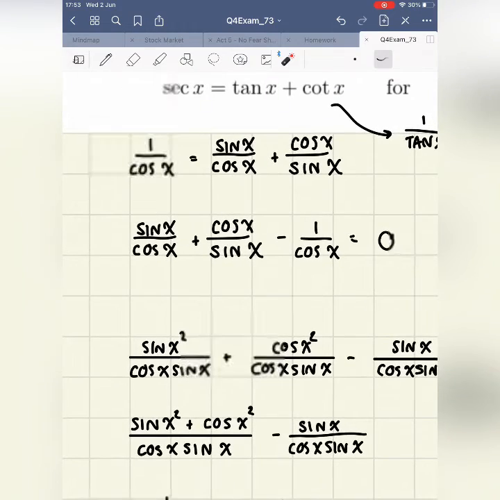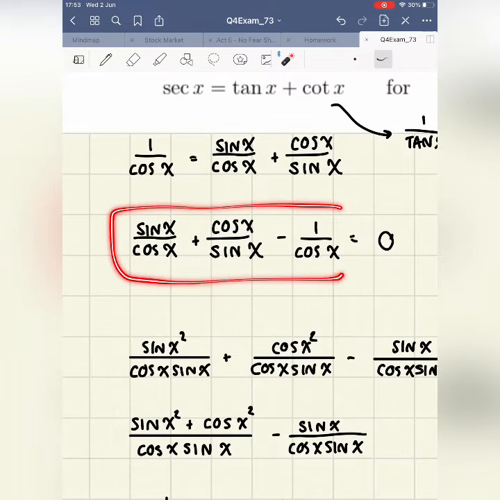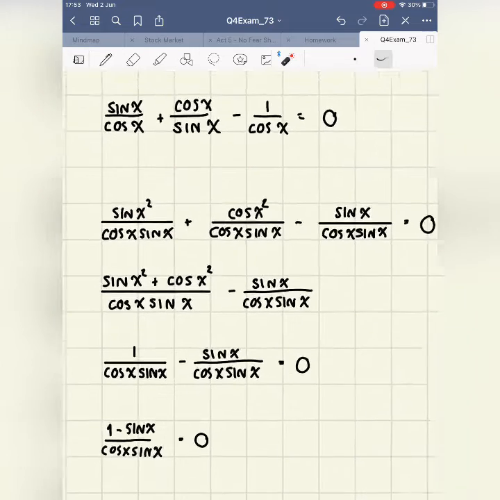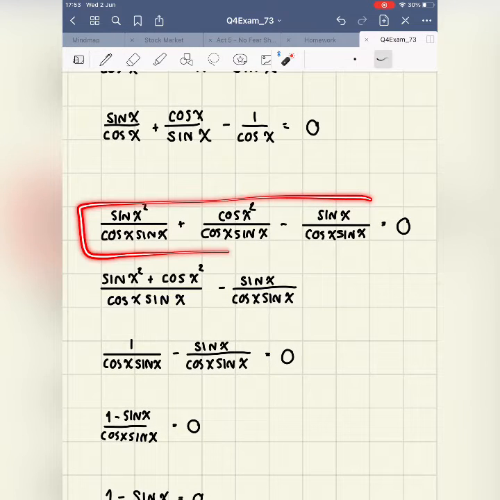Then I will move everything to one side and make every fraction have the same denominator, which is cosine x times sin x. I'm going to times sin x here, times cosine x here, and times sin x here, so the denominators will be equal to each other. And then we will get this.